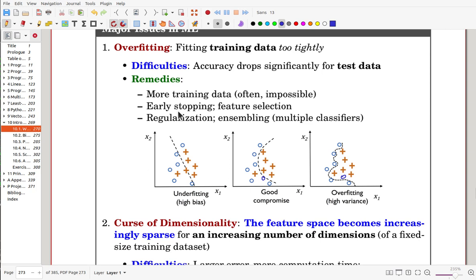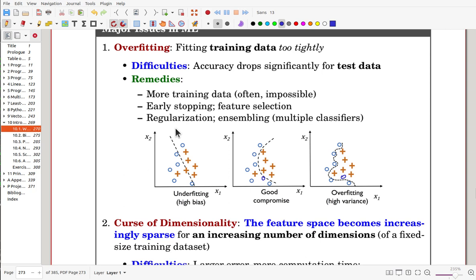And when you train the model, usually the algorithm is an iterative algorithm. So you may try to stop early, or you may try to select some important features to reduce the dimension.